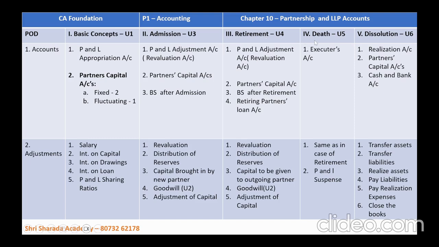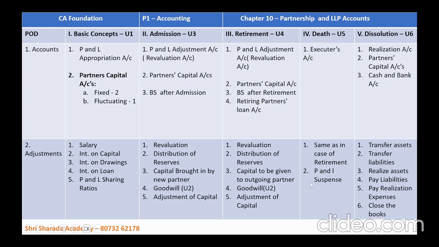The only difference between the retirement and death is that retirement happens normally at the year end when all the books of accounts are closed. Death can happen any time in the year. So all the adjustments and everything almost same as in the case of retirement, except that because the partner was there for a fraction of a year, we need to give him the profit for whatever the fraction of the year he was there.